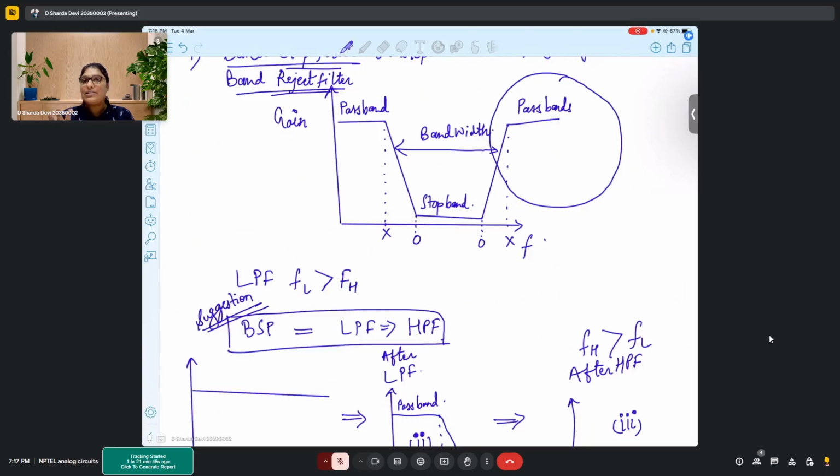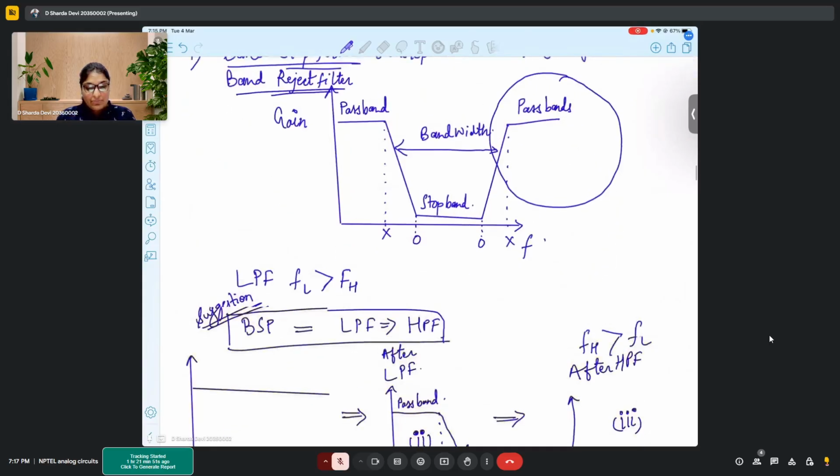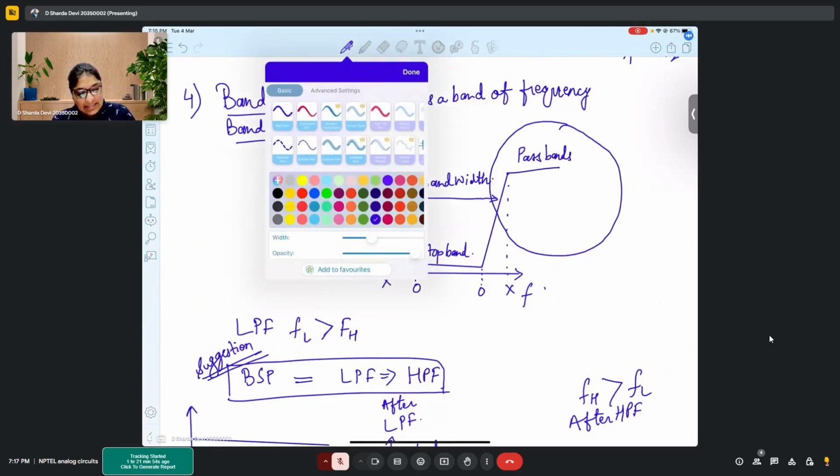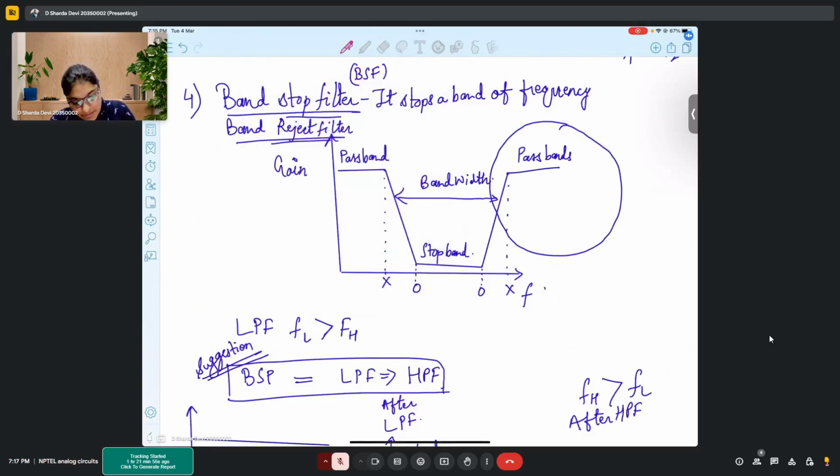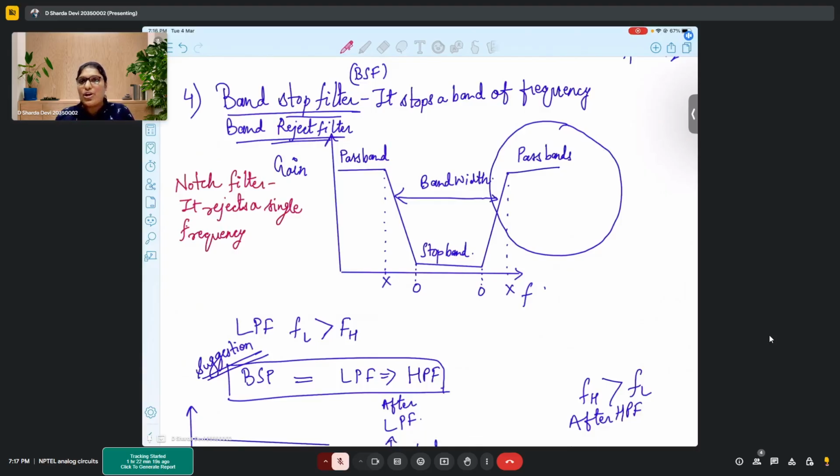Then that filter is known as notch filter. Okay? So notch filter is nothing but a band reject filter or band stop filter only. Notch filter rejects a single frequency. To be ideal, if we talk about an ideal notch filter, it should reject a single frequency.